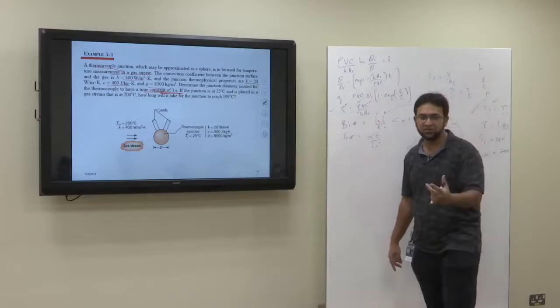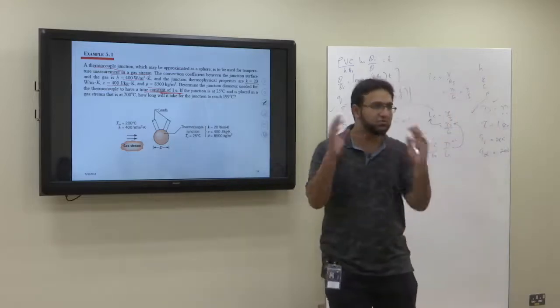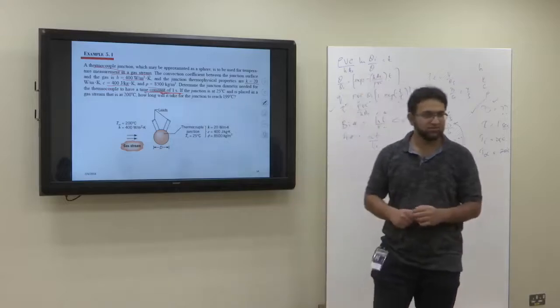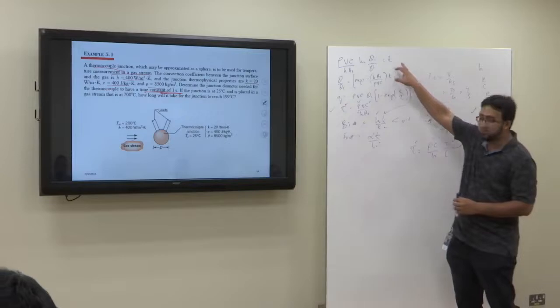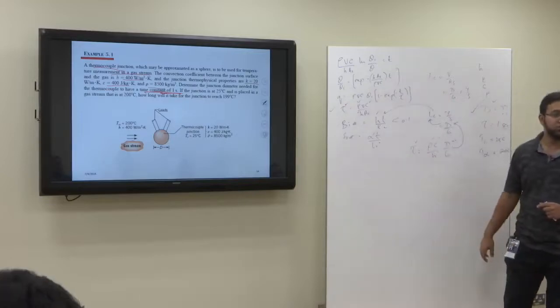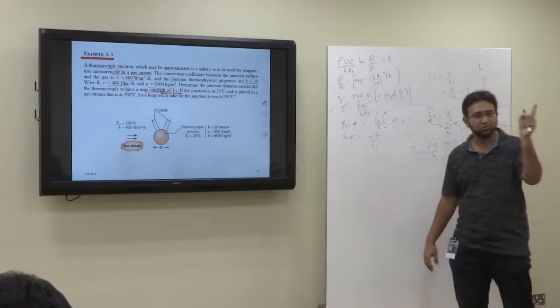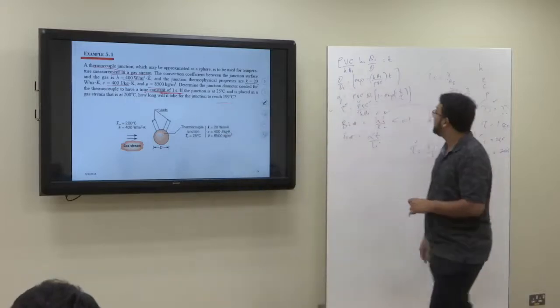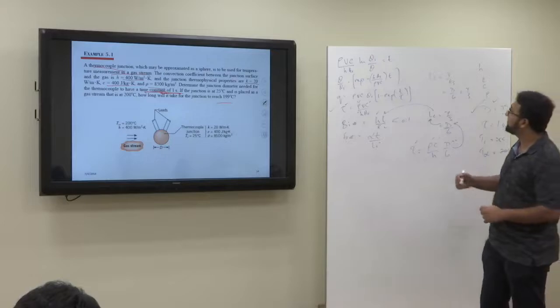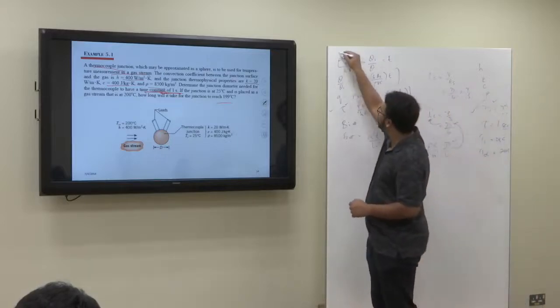It's a material property. You change the material, time constant will change. Is it clear? So now we need to find out the time for it to reach from 25 degrees centigrade to 199 degrees centigrade.